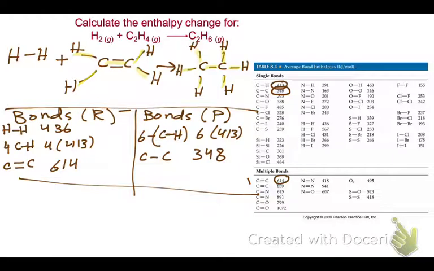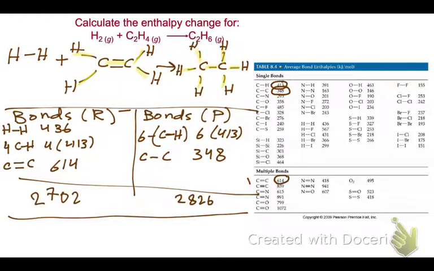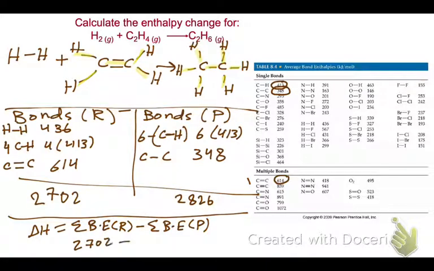Now what I'm going to do is the math. Delta H equals the sum of bond energy for the reactants minus the sum of the bond energy of the products, because for the products I have to put a negative in front of them because they are made. So 2,702 minus 2,826, and the answer will be negative 124 kilojoules per mole.